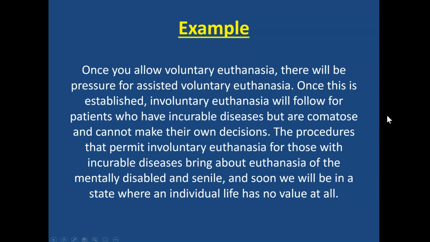Or, once you allow voluntary euthanasia, there'll be pressure for assisted voluntary euthanasia. Once this is established, involuntary euthanasia will follow for patients who have incurable diseases but are comatose and cannot make their own decisions. The procedures that permit involuntary euthanasia for those with incurable diseases bring about euthanasia. I'm sure you can pick up the rhythm of this, right?